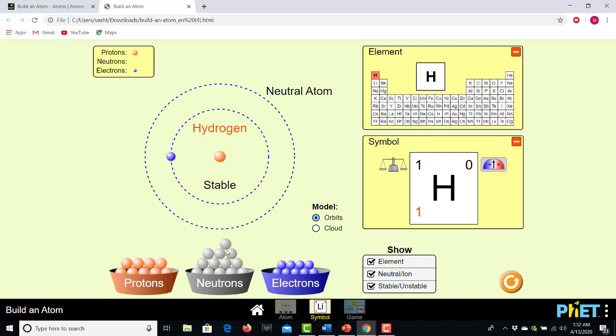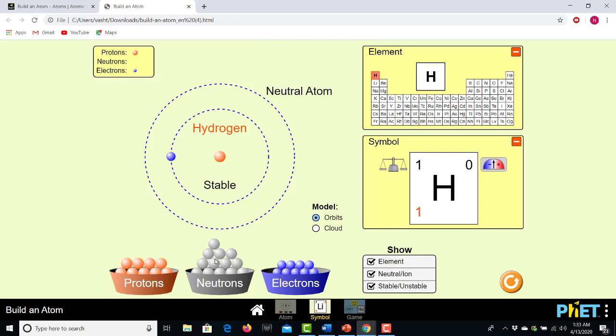This form of hydrogen is called protium, P-R-O-T-I-U-M, protium, and it is the most abundant form of hydrogen in nature. There are two natural forms of hydrogen. They are protium, and the other natural form is deuterium.